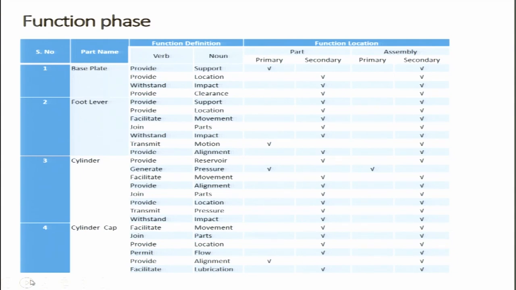The functions for the base plate are identified as provide support, provide location, withstand impact, provide clearance. First, what is the function of my product? The function of my product is to generate pressure.